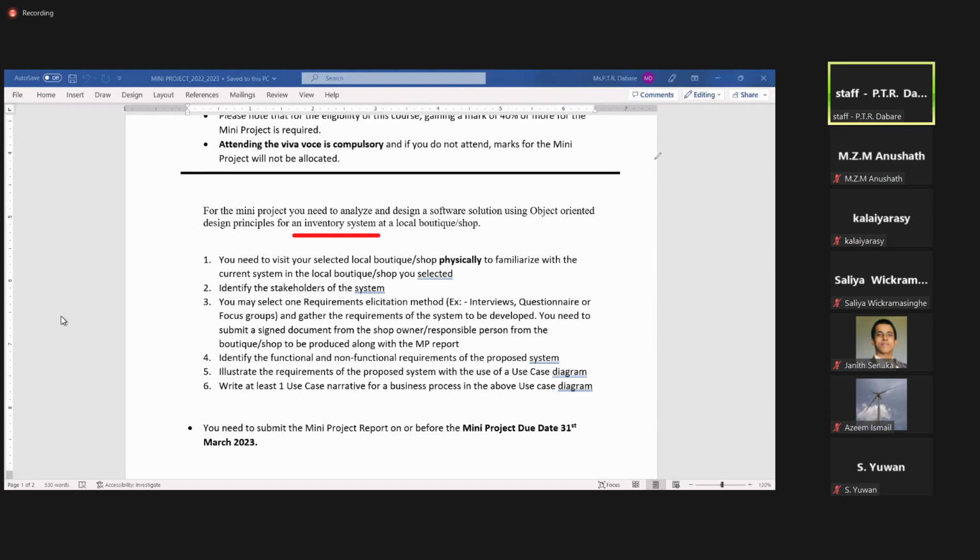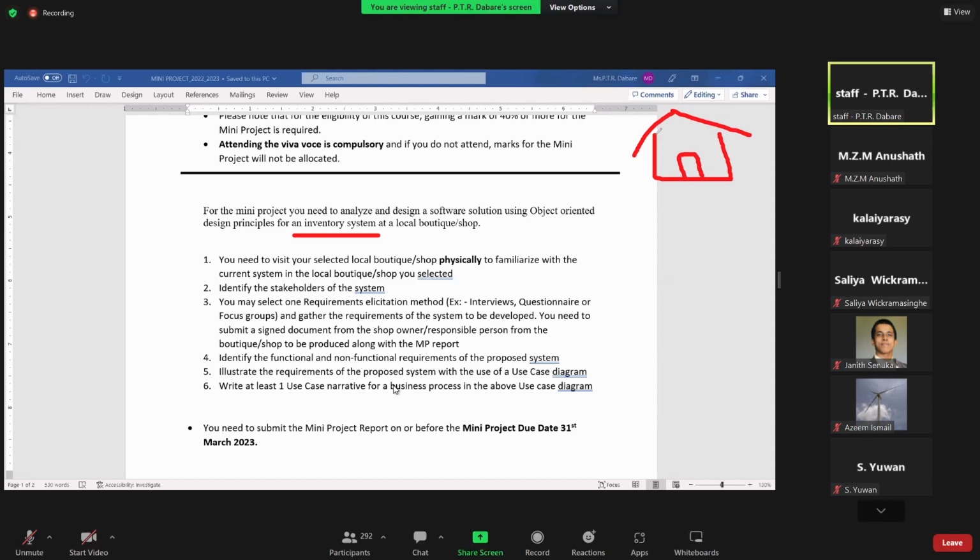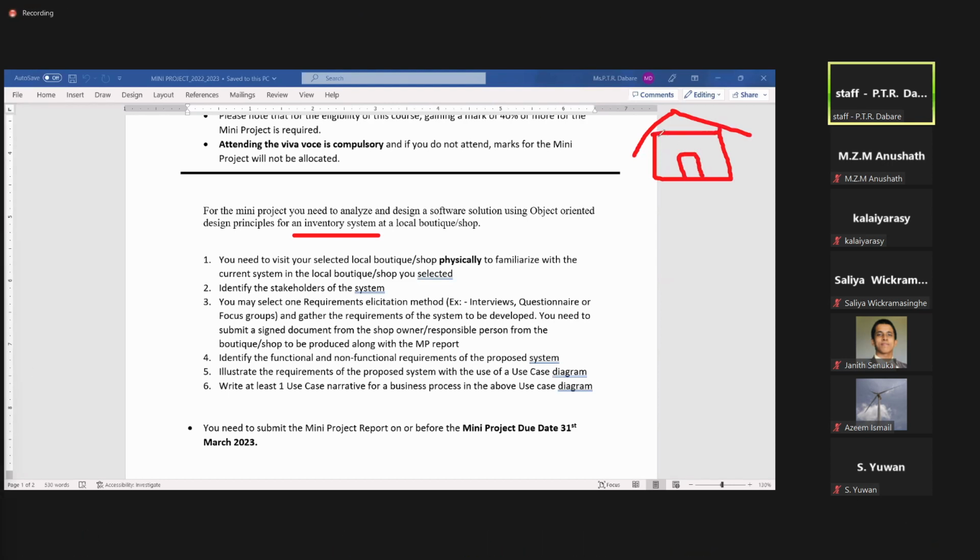Don't select a very small place, but a place where they have some goods and want to keep an inventory system. It doesn't have to be the next door boutique, but you can select any medium size one.